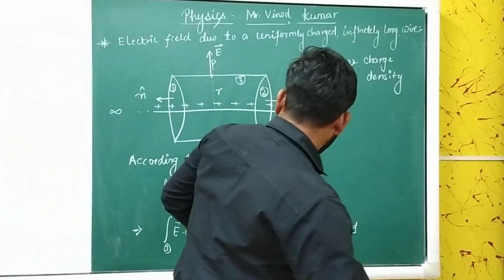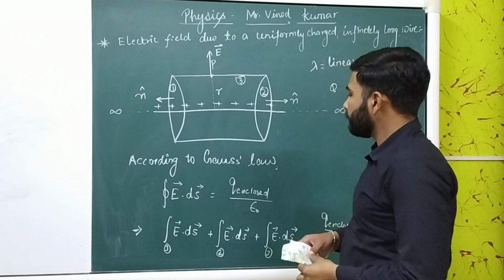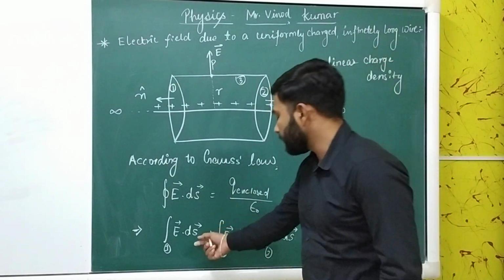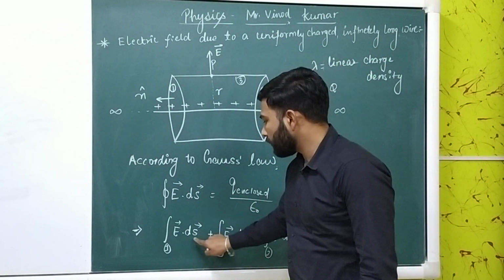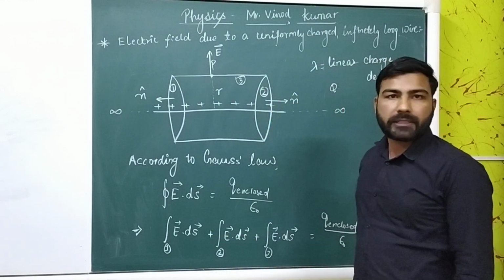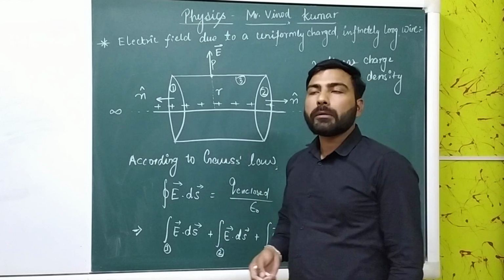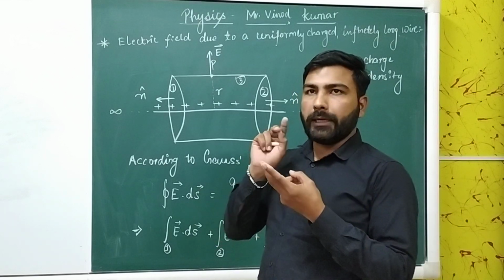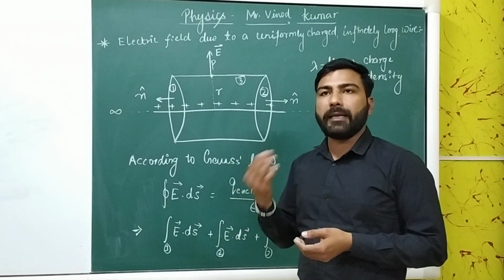Since it is a dot product, E vector dot ds vector, first of all we should know the angle between the electric field vector and the area vector.